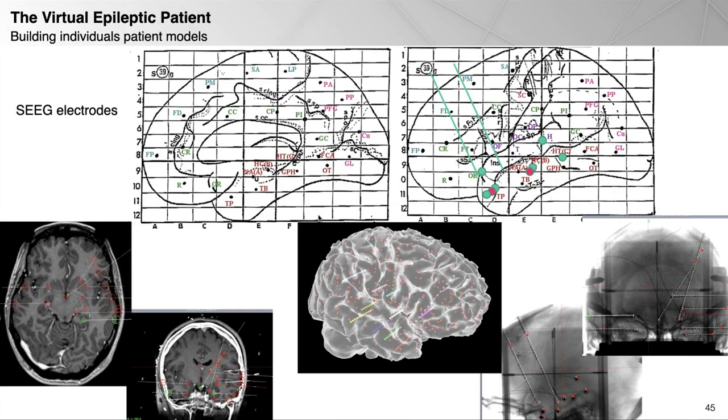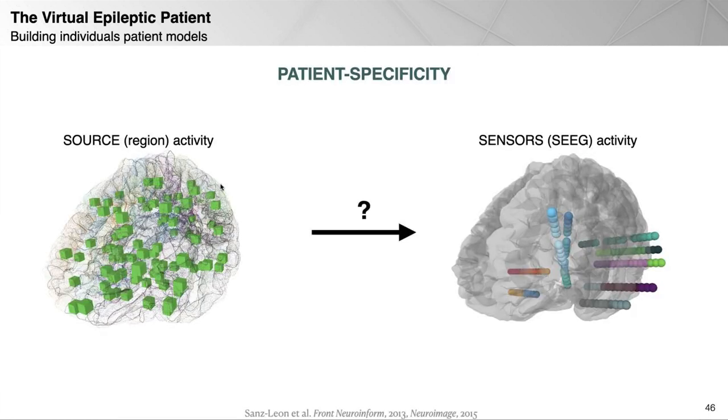They placed 8 electrodes on the left hemisphere, and 2 others in red in the right hemisphere. Okay.